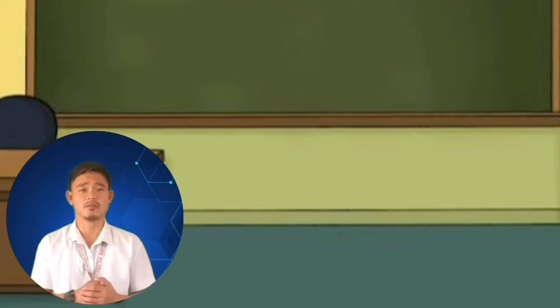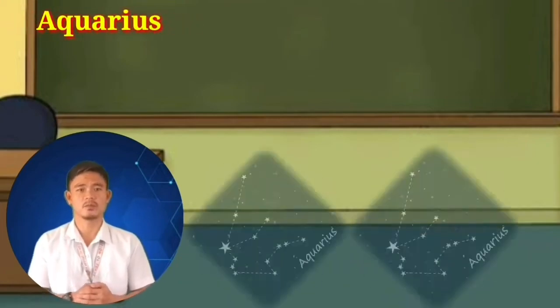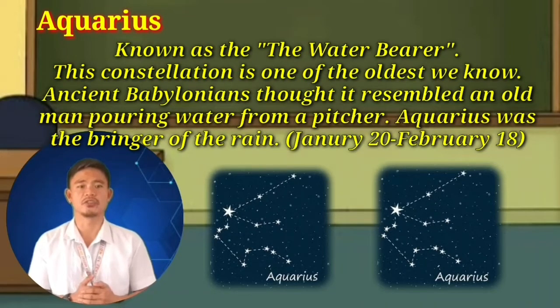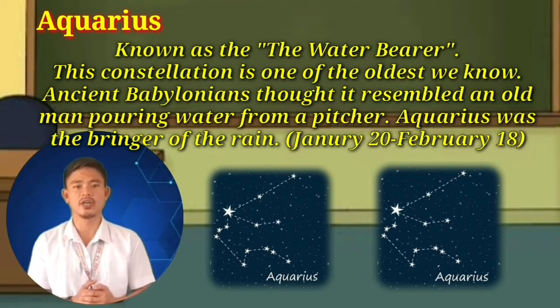Let's begin with Aquarius. In February, it's Aquarius, or the water bearer. This constellation is one of the oldest we know, as it was coined by the ancient Babylonians, who thought it resembled an old man pouring water from a pitcher.